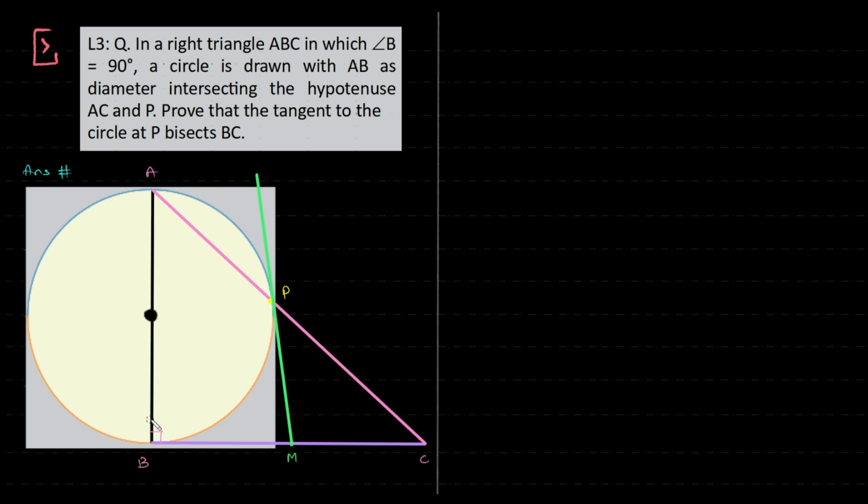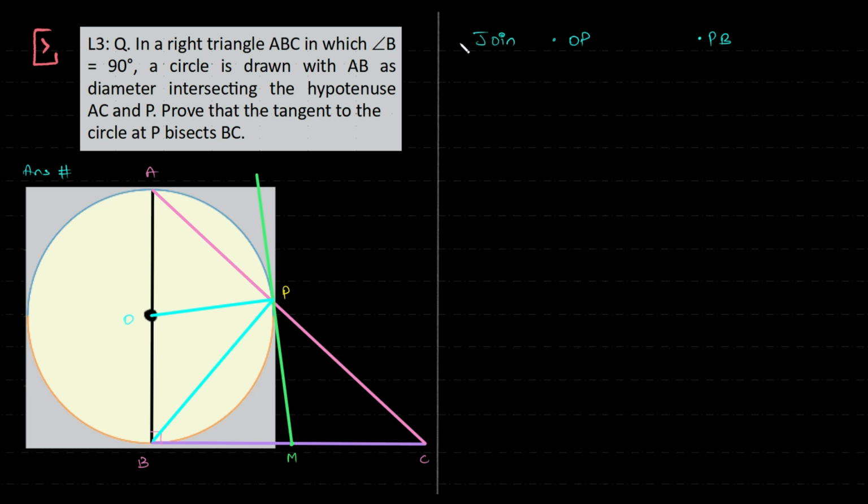Now, what are the few things we can join? A few obvious things. OP, O being your center, we'll join this, and we'll join this also. That is PB. PB also we'll join.